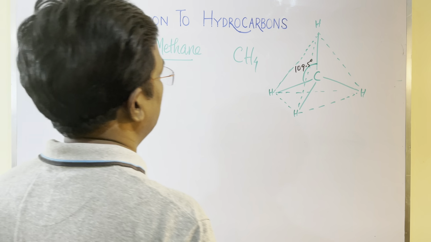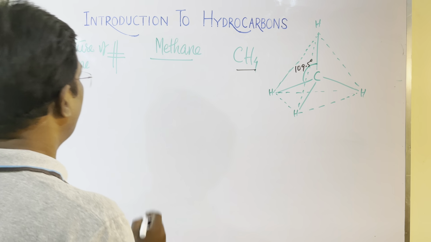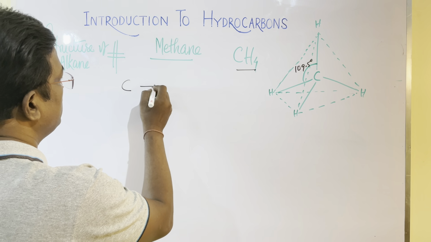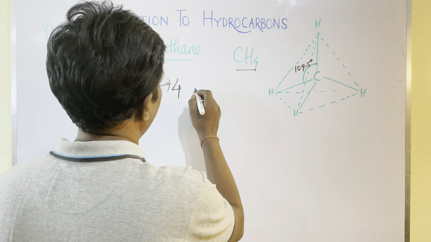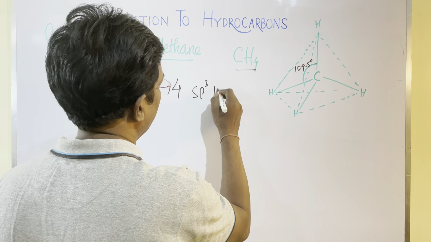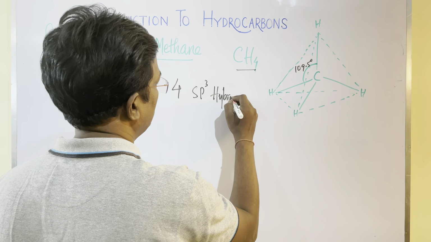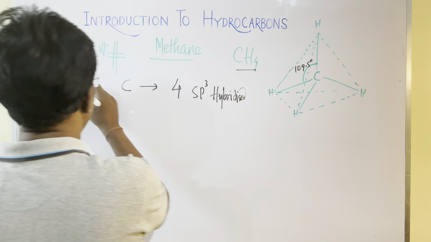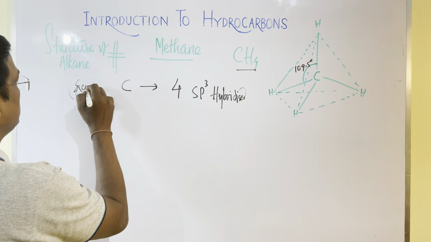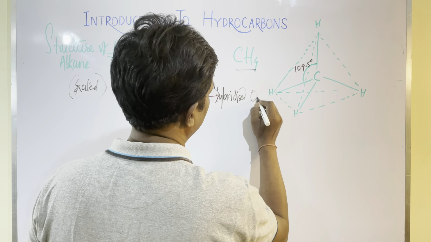Let me explain in a little more detail here. Actually, we know carbon has 4 sp3 hybridized orbitals when in the excited state.